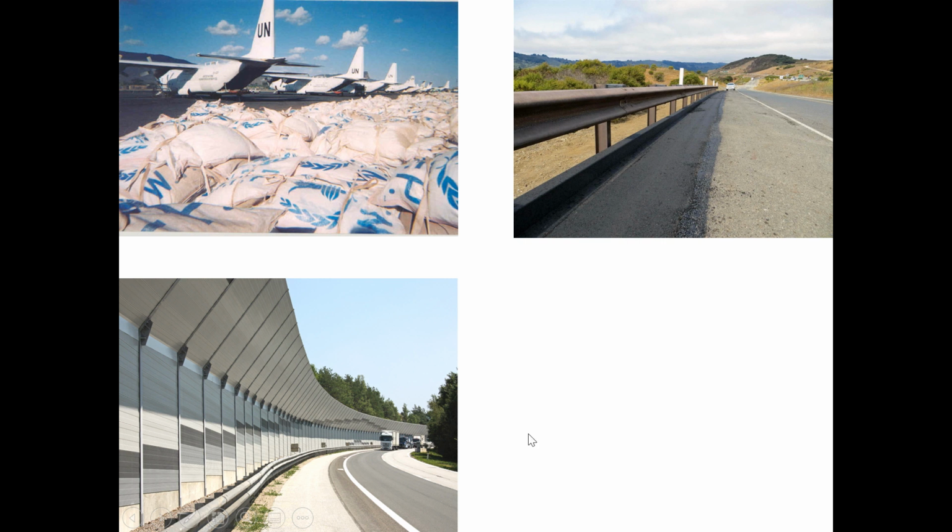Anybody know what this is? Also, we're looking at a road, but what's this thing to the left? Refract sound. What does it do? It keeps it quiet, yeah. Highways can be really noisy, especially freeways where the traffic is moving 65, 75 miles an hour, and there are big trucks.